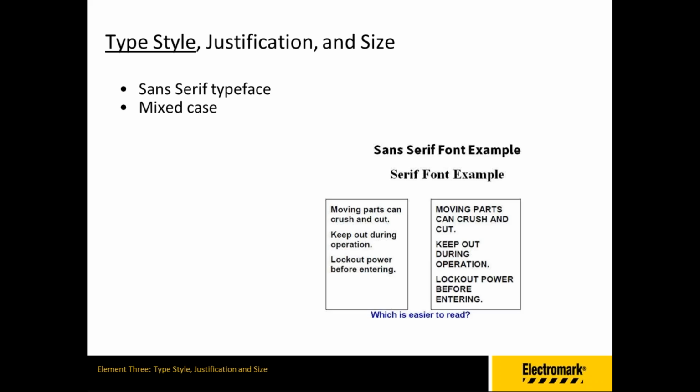The standard directs the use of mixed case, where only the first letter of the first word in a sentence is capitalized because that's been demonstrated to be easier to read. And so that's hopefully apparent when you read the version on the left versus the version on the right. And then a single word or phrase, such as high voltage, can be set in all uppercase to provide emphasis.